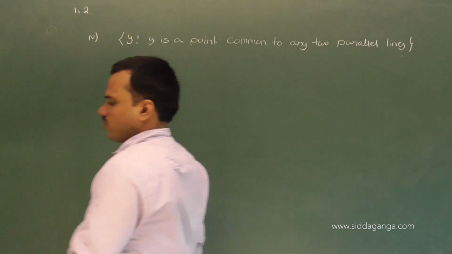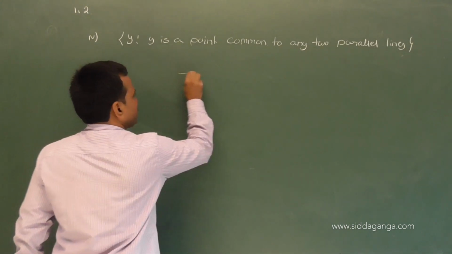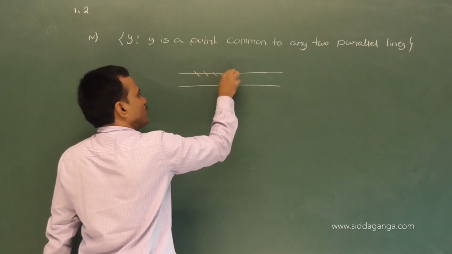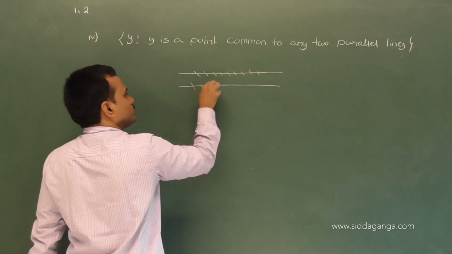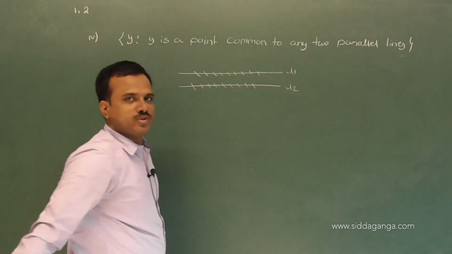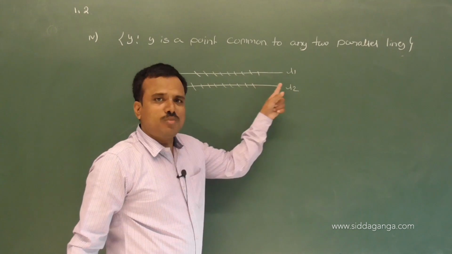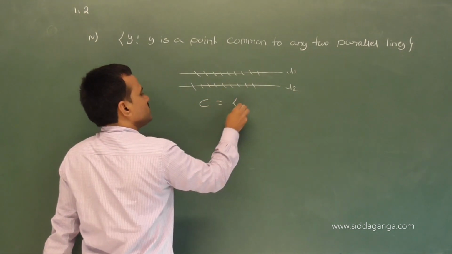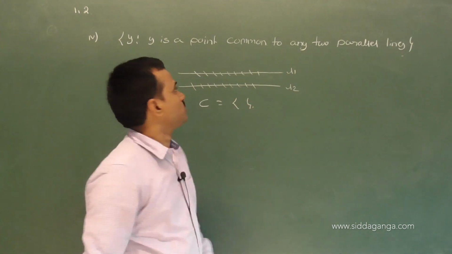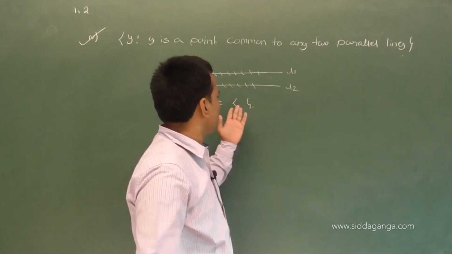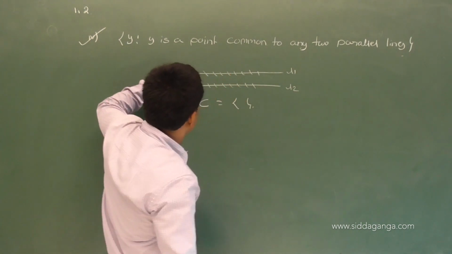So if I draw two parallel lines, these are all the points. This one is L1 and this one is L2. So there are no common points. So the set C is nothing but empty. No doubt this is also an example of an empty set. It has no elements. There is no common point.